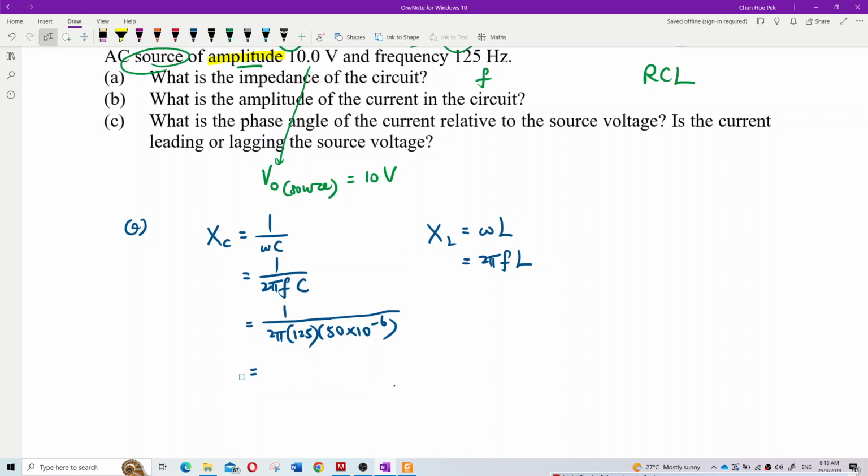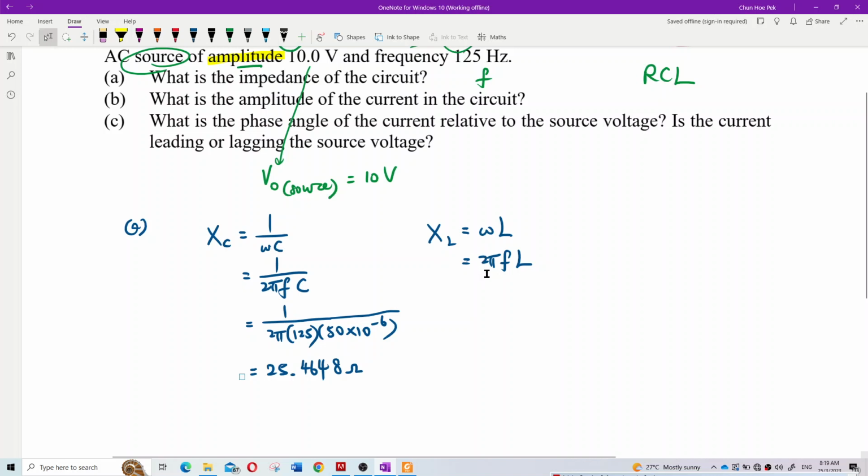So the answer is 26.4648 ohm. Okay, let's continue.